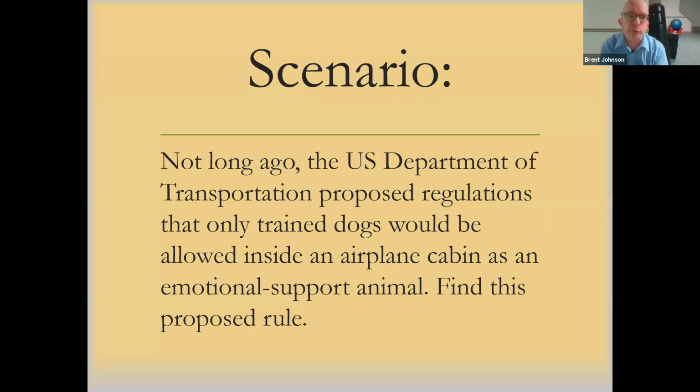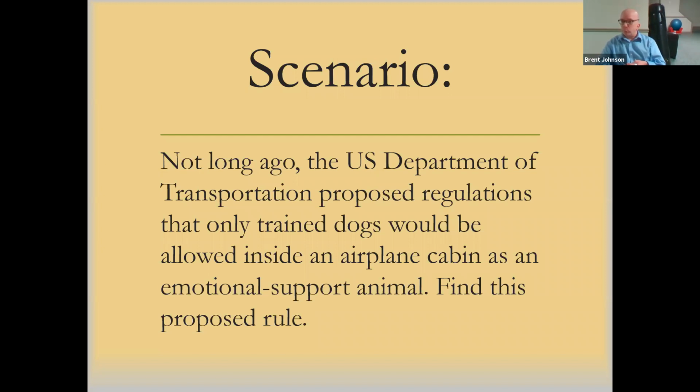I think this is our final scenario. Not long ago, the U.S. Department of Transportation proposed regs that only trained dogs would be allowed inside an airplane cabin as emotional support animals. So the Department of Transportation wanted to tighten up regulations when it came to emotional support animals allowed on planes.